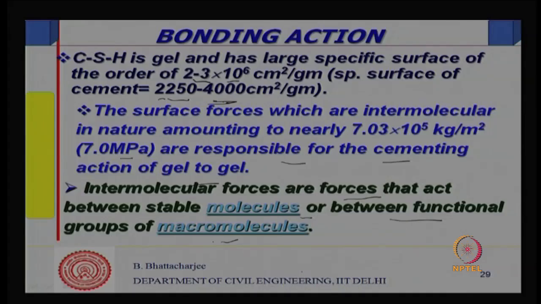Within the molecule it is covalent or electrovalent bonds, but between molecules there are intermolecular forces, and gel to gel bond attraction is intermolecular in nature. This is not a chemical bond from gel to gel, because the gel is C-S-H, another C-S-H, and there are intermolecular forces between the C-S-H gel system.